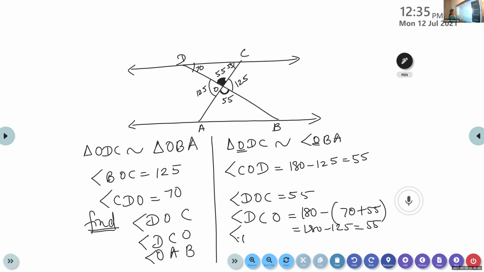What is angle OAB? Angle OAB. Angle A will be the same as angle C, isn't it?